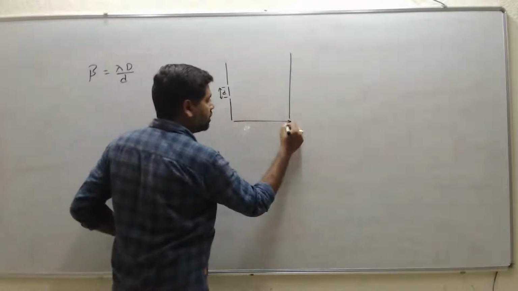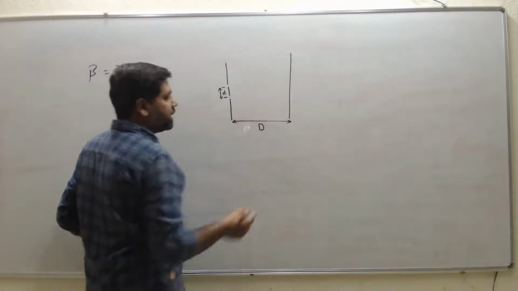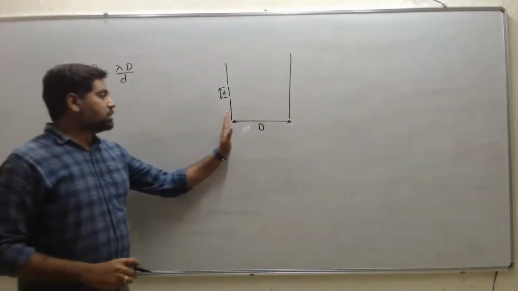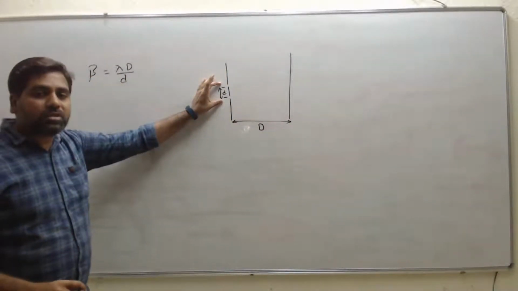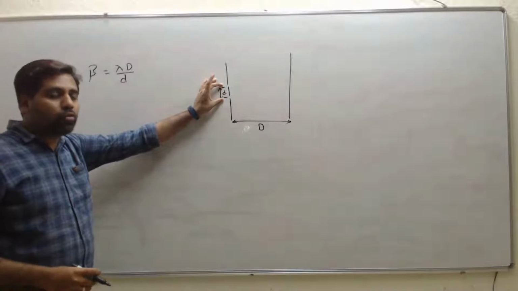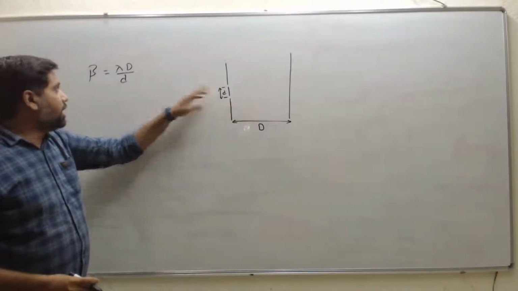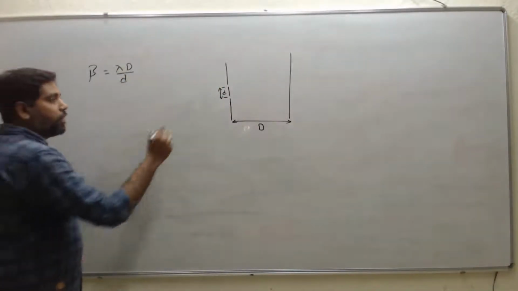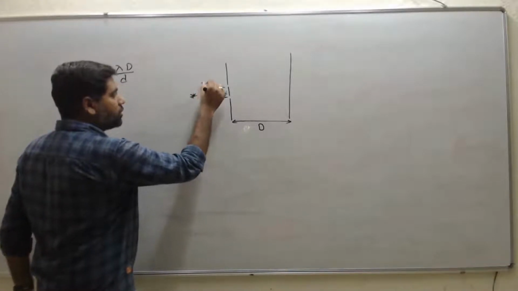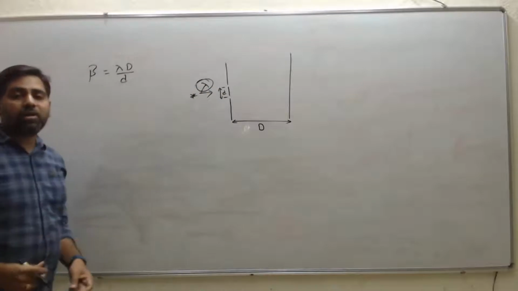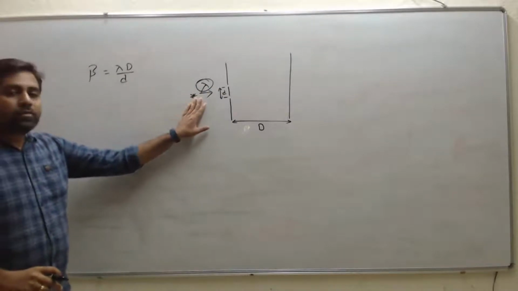Next, here is the capital D, the distance between the slit and the screen, and small d is the distance between the two slits or between the two pin holes. And lambda is the wavelength of the light used by the source.